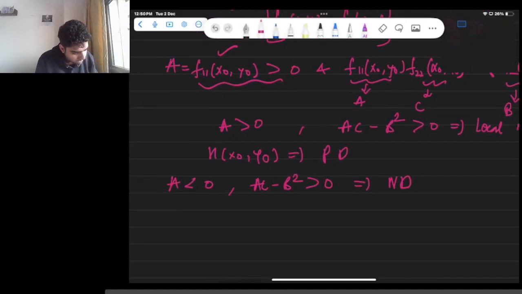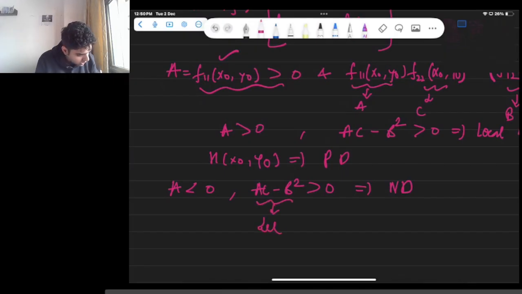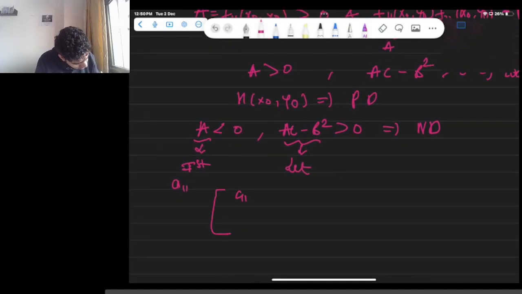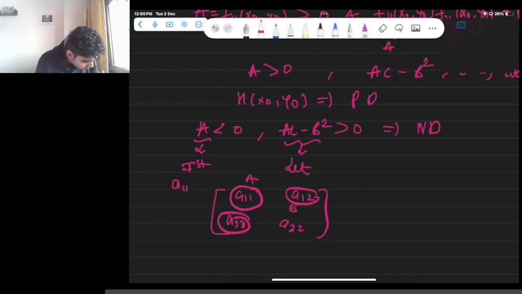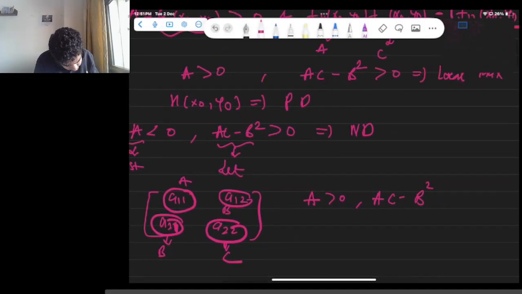So this is basically the determinant of the matrix, and this is the first term of the Hessian matrix. So first A11 of a matrix. If I write a matrix as A11, A12, A21, and A22, so this is my A, and this is my B, this is also my B, because 21 is equal to 12, and this is my C. So A is greater than 0, AC minus B square, which is the determinant, is greater than 0, so positive definite matrix.